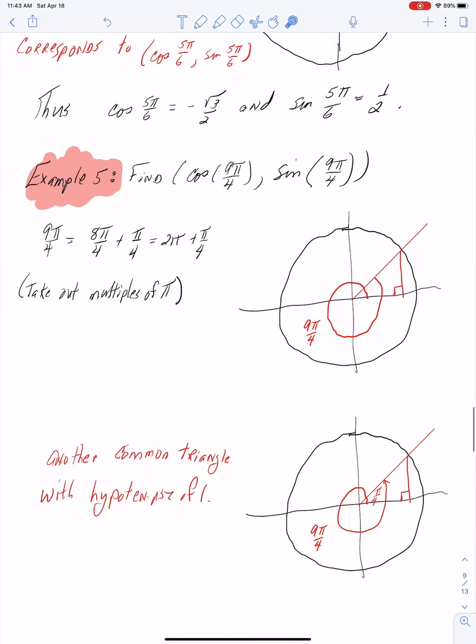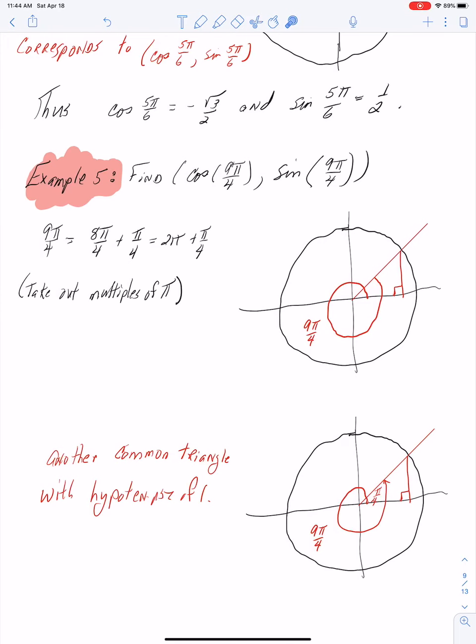All right, so what I've just said is I walk, what? 2 pi and then another pi over 4. Now from this point where I end, the terminal side, I drop a perpendicular to the x-axis. That gives me a right triangle. I walked 2 pi. What was left? Pi over 4.